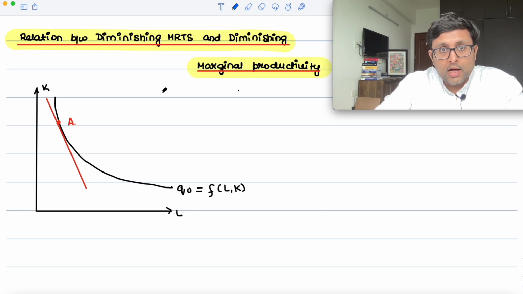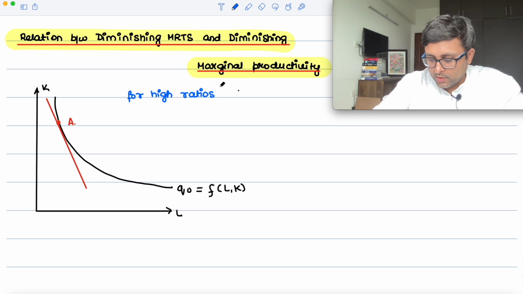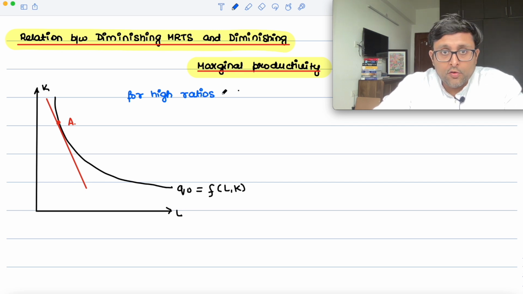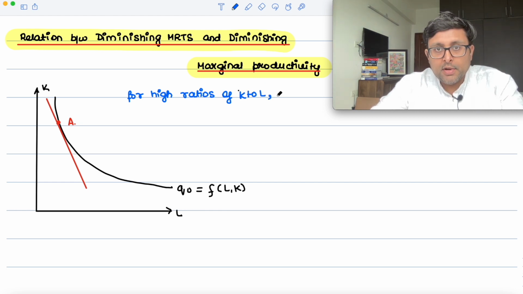So for high ratios, please write, for high ratios of K to L, meaning capital is more, labor is less, MRTS is large.